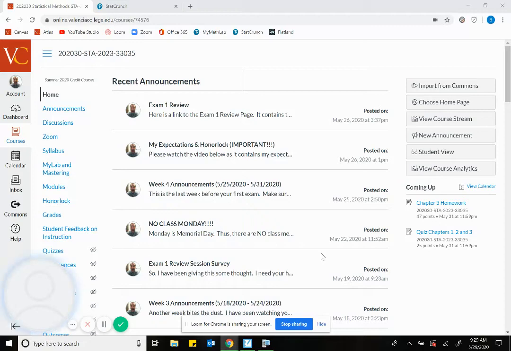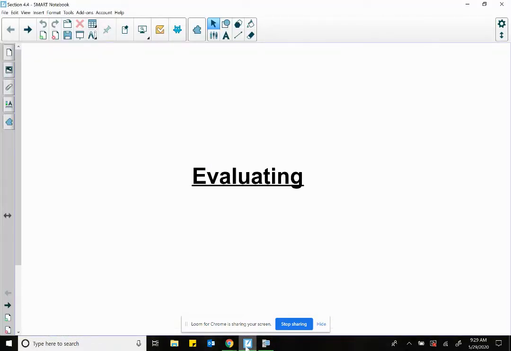All right, here we are at the end of chapter 4. So let's talk about 4.4, which is all about evaluating. We know how to look at scatter plots and talk about the trend, the strength, and the shape. We know that we can find a measure for the strength with the correlation coefficient.